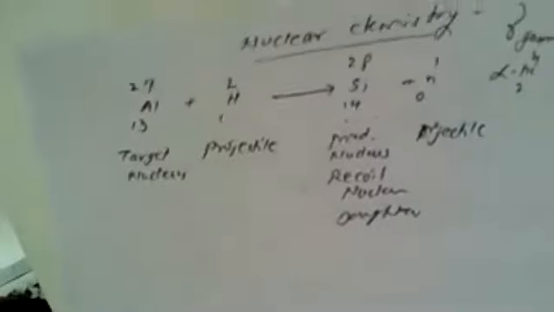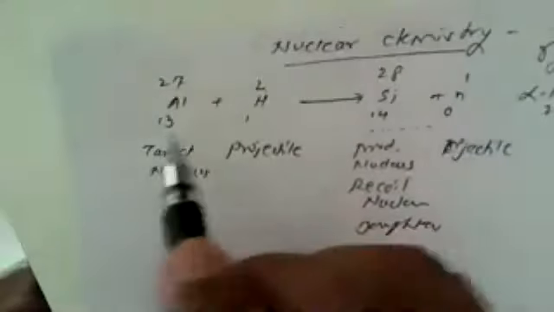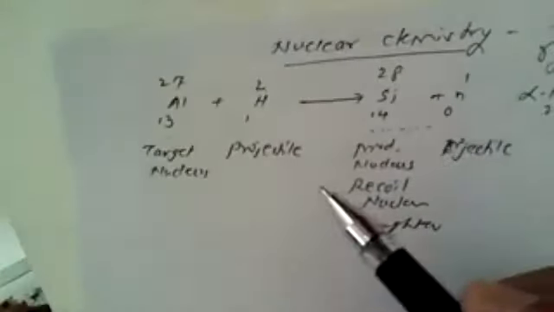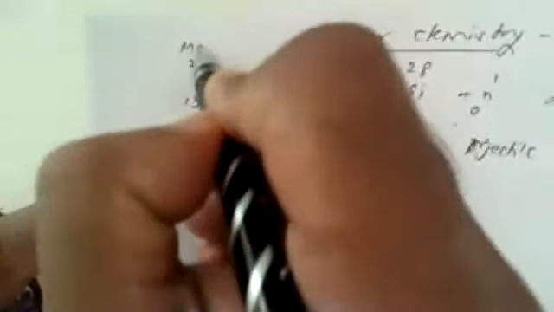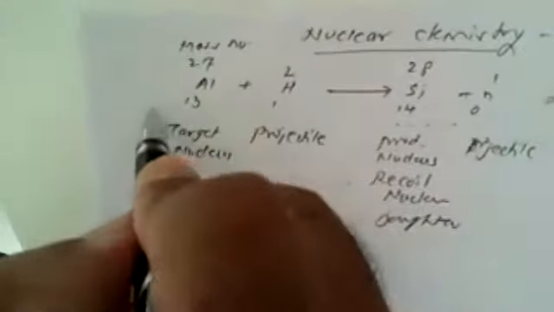Now, one point to note here is that while carrying out such a nuclear reaction, we have to balance the mass number. At the top, we write the mass number, and at the subscript, we normally write the atomic number.